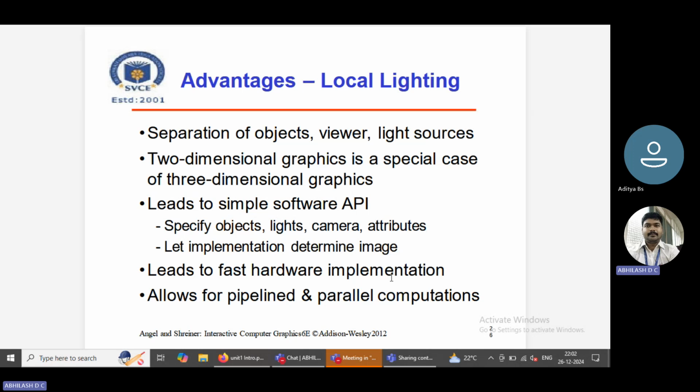So it has to go from one block to another block, right? So the output of one block will be the input of another block. That's what is important when it comes to the pipeline. And parallel computations refers to my need to generate points so fast that every pixel will have its own information over here. Every pixel has its own information that we need to understand.